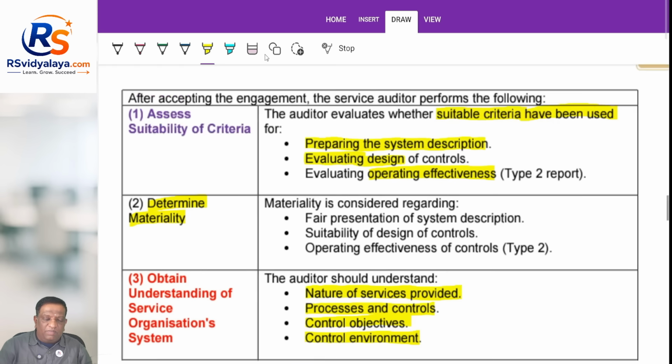So first he will assess the suitability of the criteria, and then he will determine the materiality, because like any other auditor, while forming an opinion he will consider materiality for the same points: designing the system, designing the control, and operating effectiveness. And then the third step.